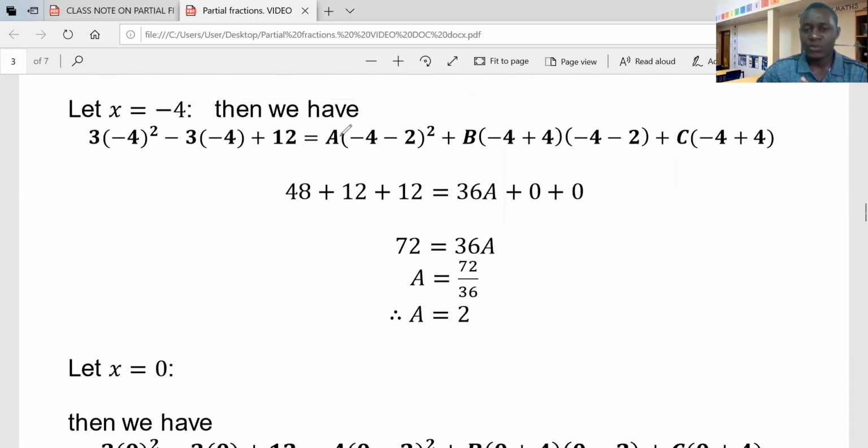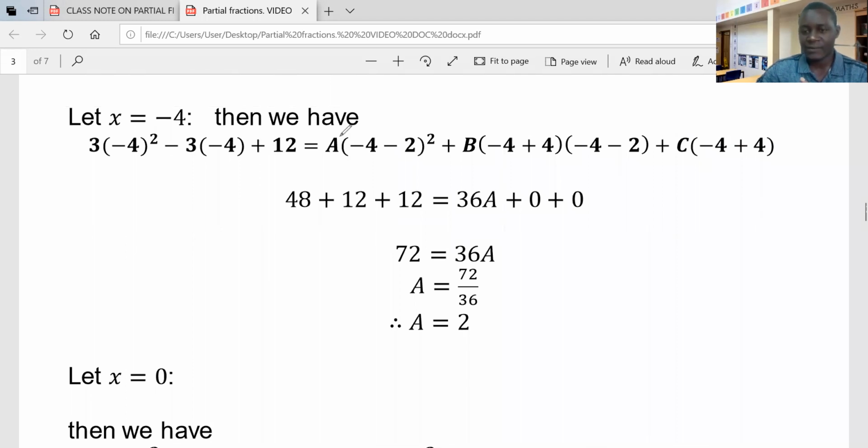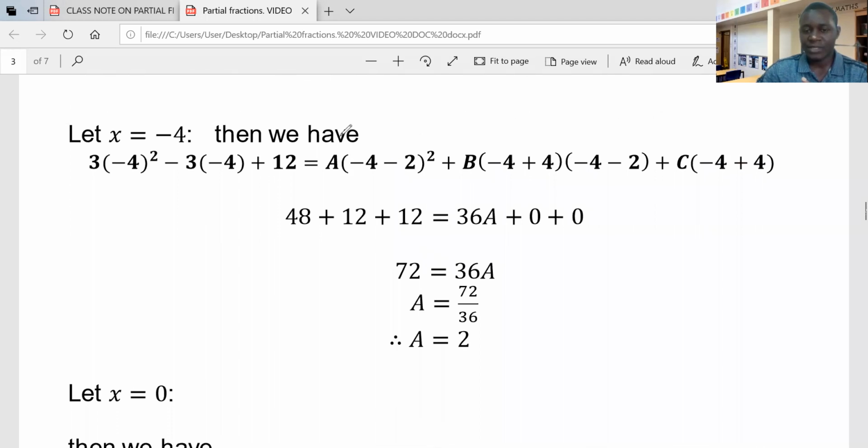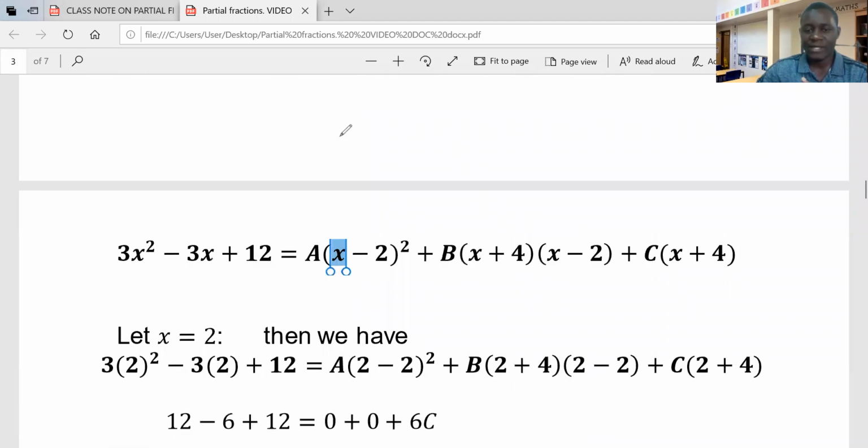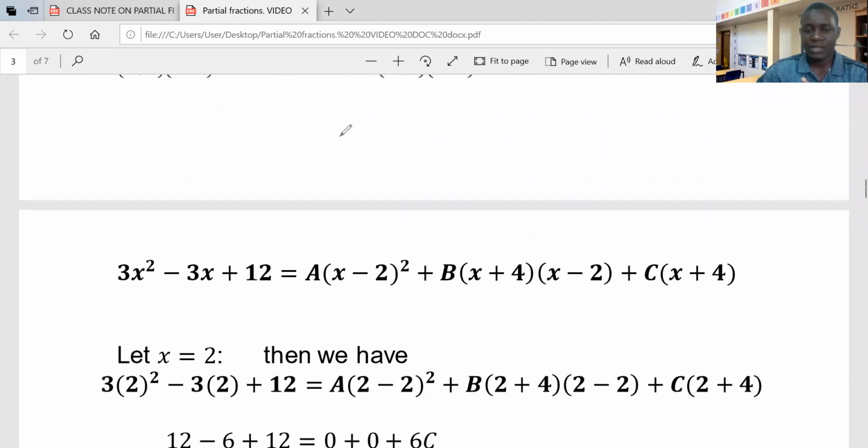Now, the way to find our b, let's go to the beginning again. We let x be plus 2, which helped us to find our c. We let x be minus 4, which helped us to find our a.